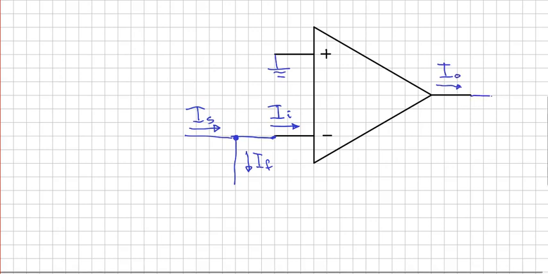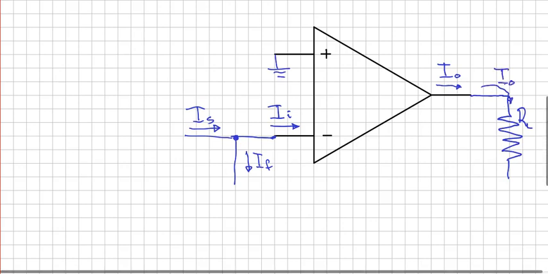So I'm going to connect the load resistor on here like this. And the current going through that load resistor is I_out. That's the definition of a current amplifier. It puts a current through your load resistor of a certain amount.